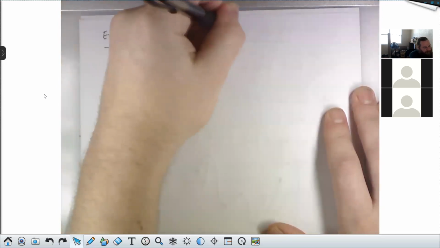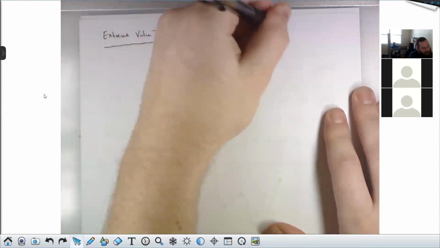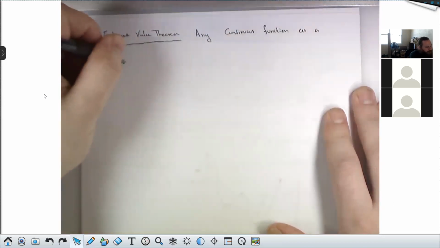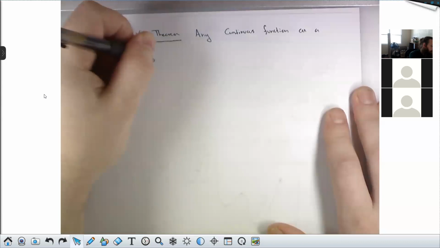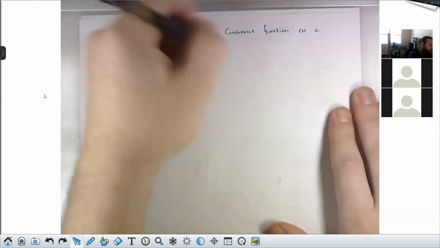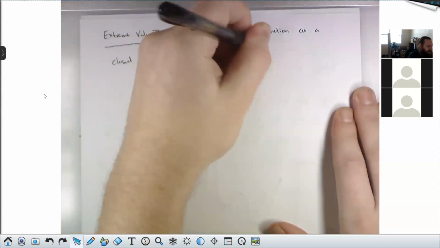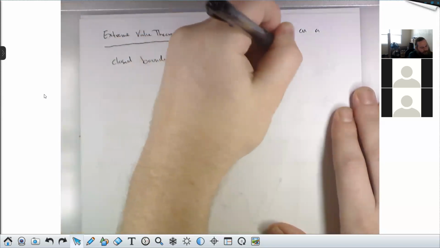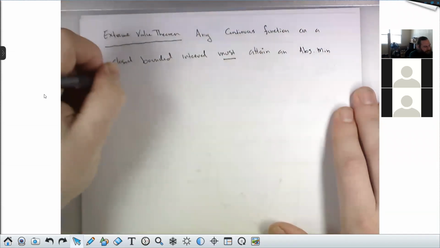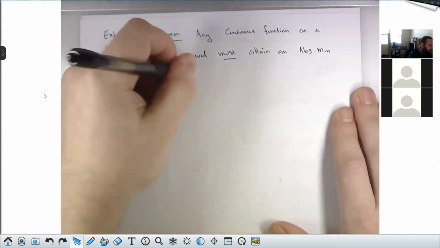Any continuous function on a closed, bounded interval must attain an absolute min and an absolute max.